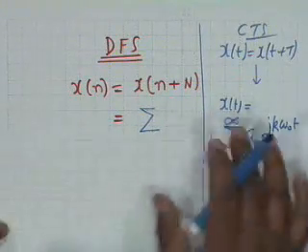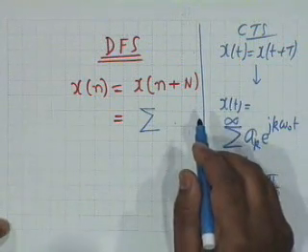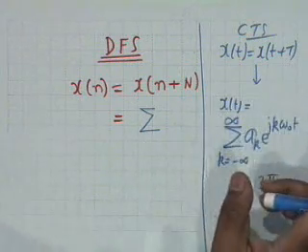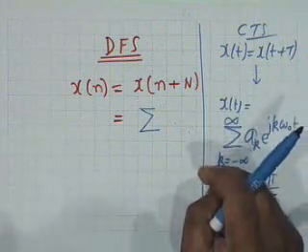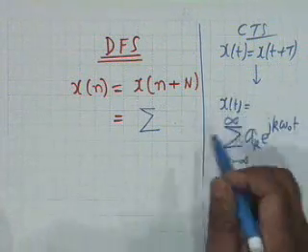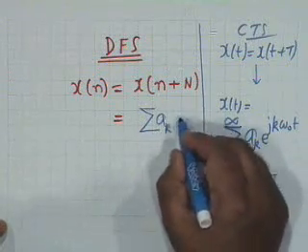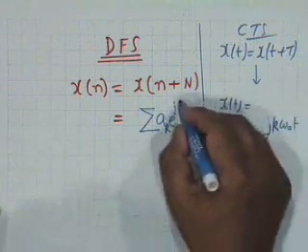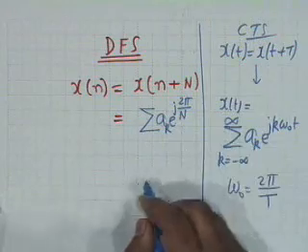In the discrete time case, on the other hand, the Fourier series is finite. It only goes over a length of capital N. In other words, if you start from n equal to 0, you go to capital N minus 1. And therefore, what we get is a k e to the power j, omega 0 is 2 pi over capital T, and small t is nT.